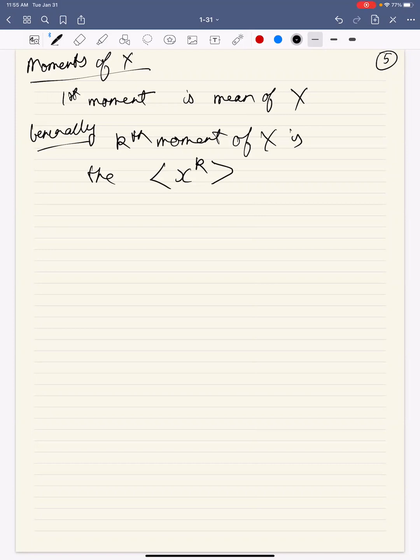How do I calculate this? You can calculate the average of anything, right? Earlier we calculated the average of x. Now we are calculating the average of x to the power k. So instead of writing x, we write x to the power k, multiply it with p of x dx.